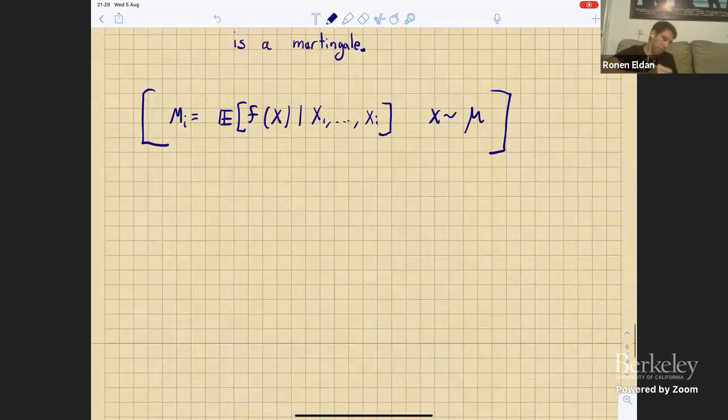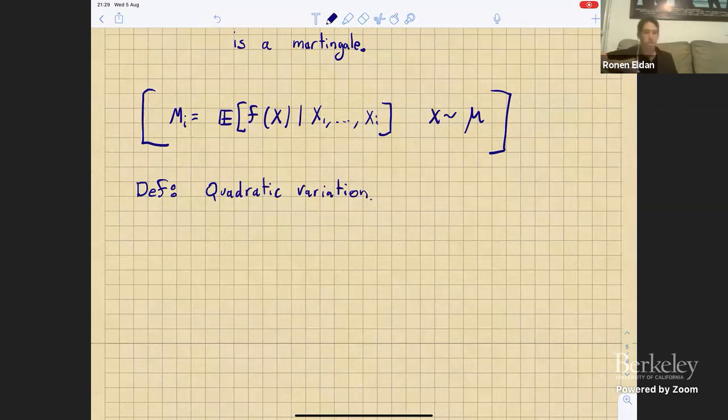Okay, so here's a useful fact about martingales, and for this fact, I need a definition. The quadratic variation of a stochastic process or a martingale.